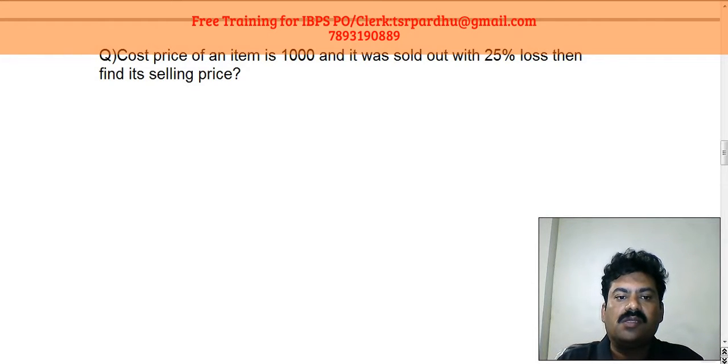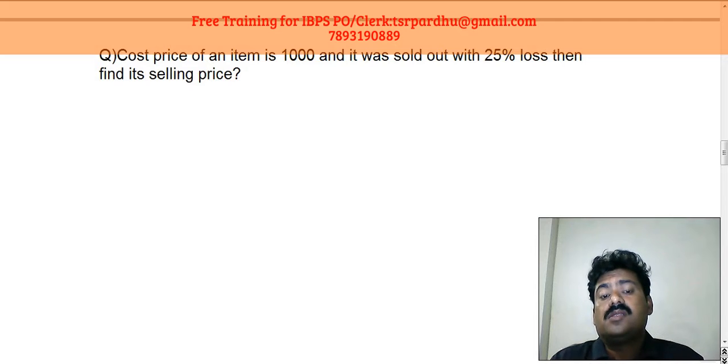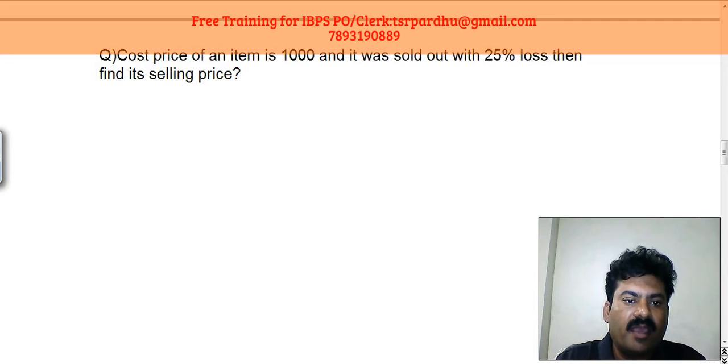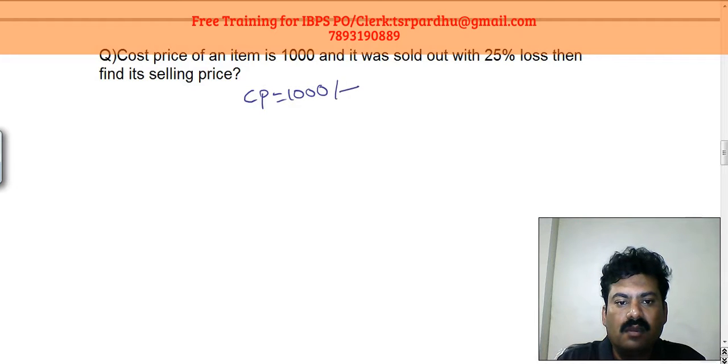Here the cost price, CP, has been given, and the loss percentage is given as 25%, then we want to find out the selling price. According to this problem, the cost price is 1000 and the loss is 25%. Now we need to find out the selling price.